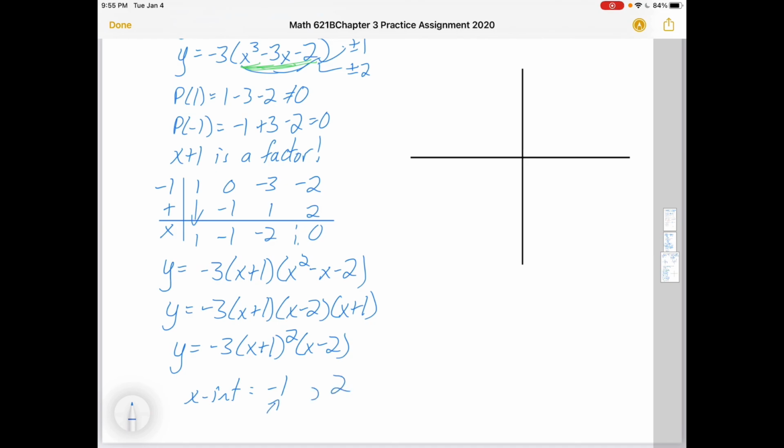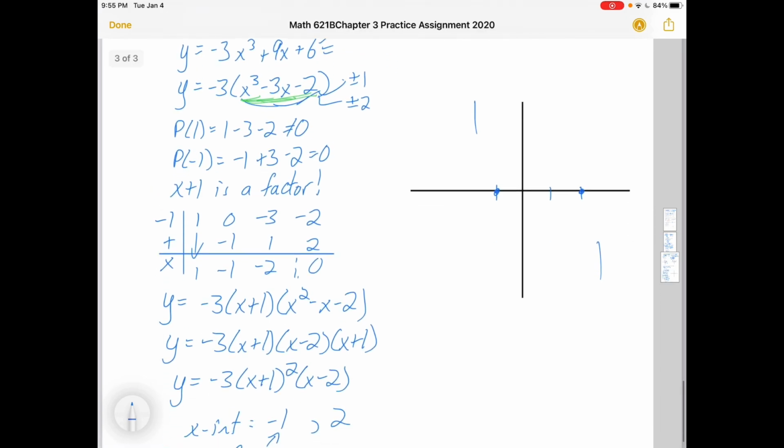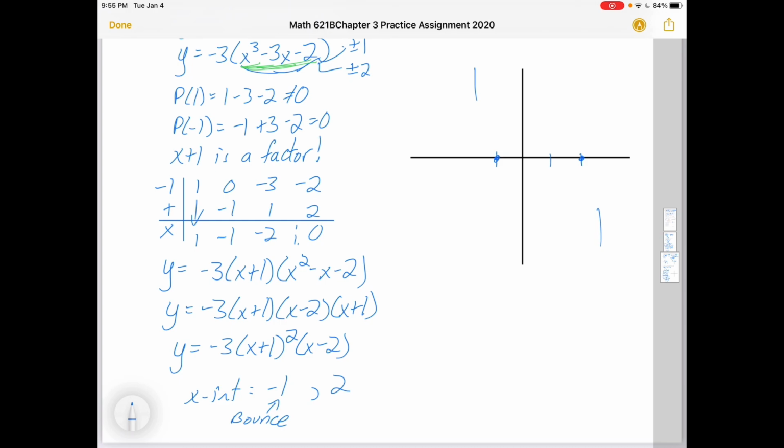What we now know is that there are x-intercepts at negative 1 and at 2. And the one at negative 1 is squared, so it's a bounce. Here we go. There are the x-intercepts. It's negative and odd degree, so it goes from up to down. I won't worry about that y-intercept for now.